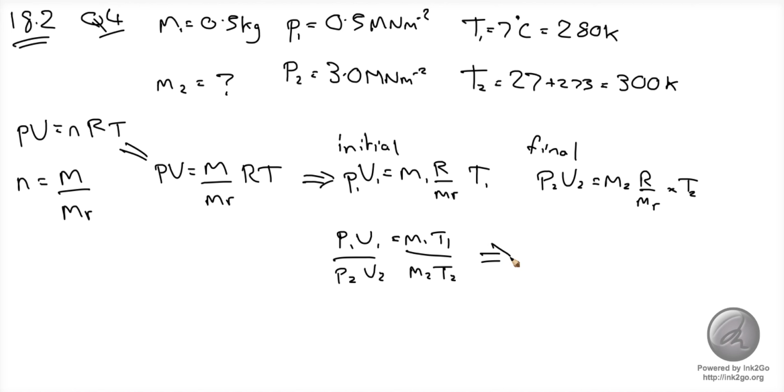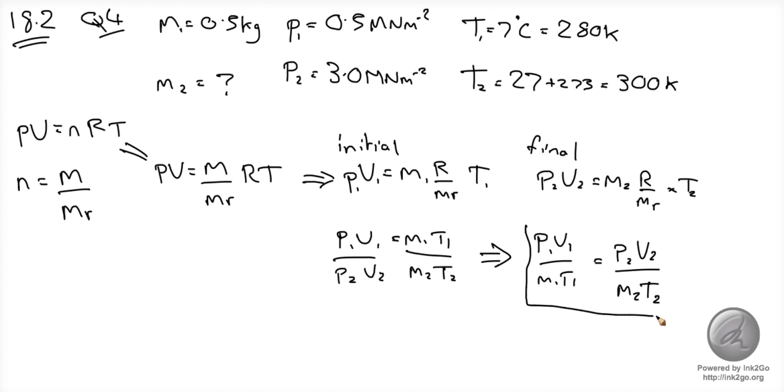Or equivalently, which might make this a little bit easier, P1, V1 over M1, T1 equals P2, V2 over M2, T2. That's what you're going to use to solve the question. These are the numbers you're going to plug into it. Hopefully, from this point, you can solve it.